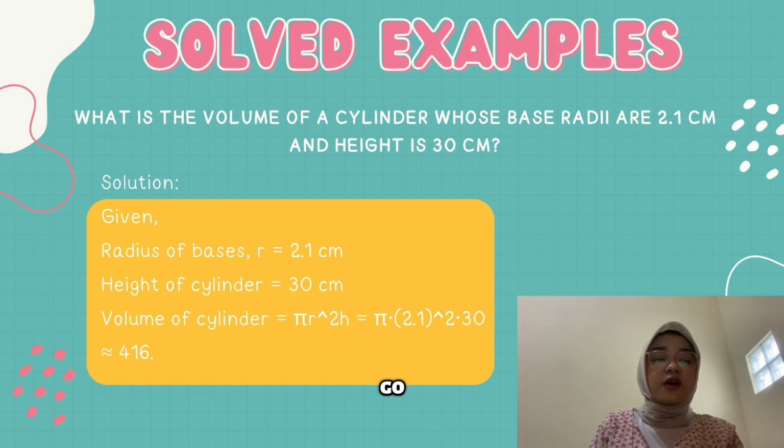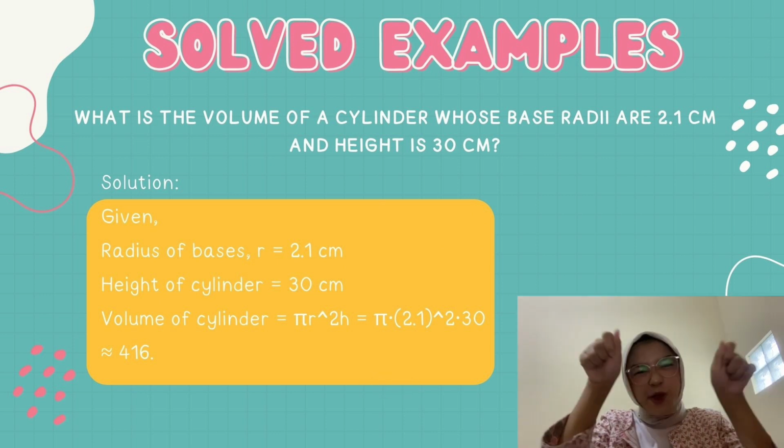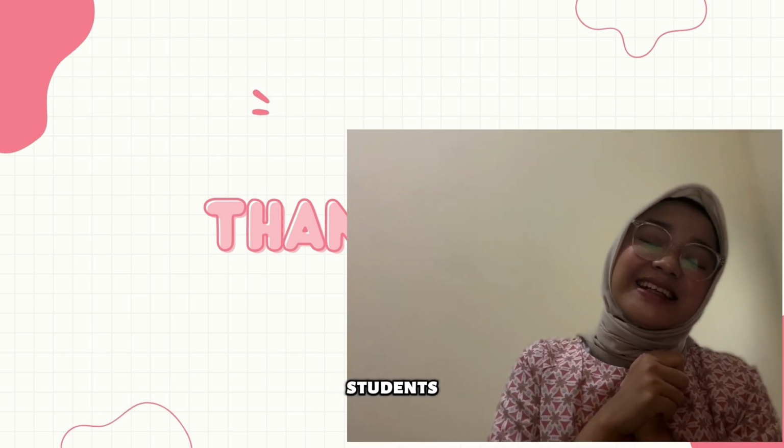And there we get the volume of the cylinder is pi times radius squared times height, equal pi times 2.1 squared times 30, equal 416.